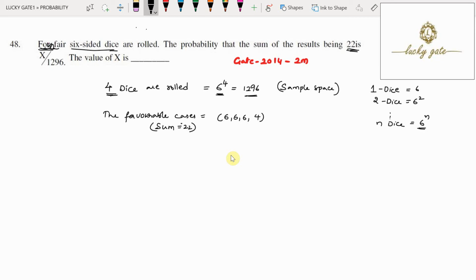It means the first 3 times it is 6, 6, 6 and the 4th time it is 4. Then the total is 22. Here I have assumed that the first time you rolled it is 6, second time 6, third time 6, then the 4th time if it is 4, then the sum is totally 22.